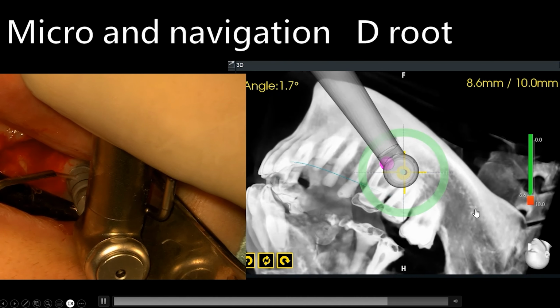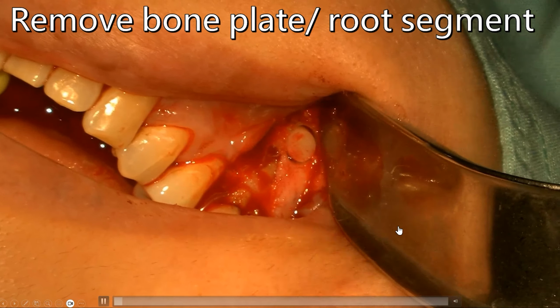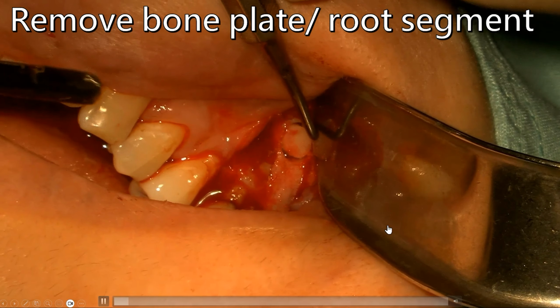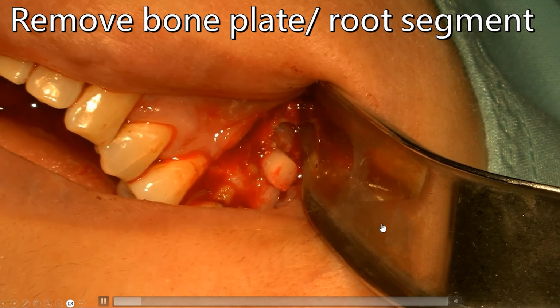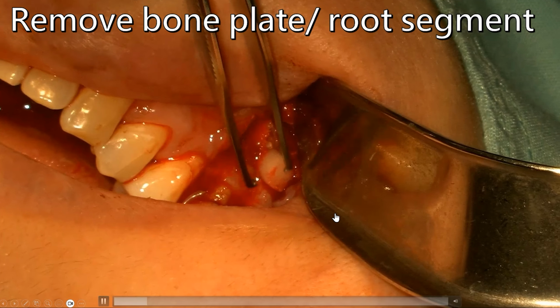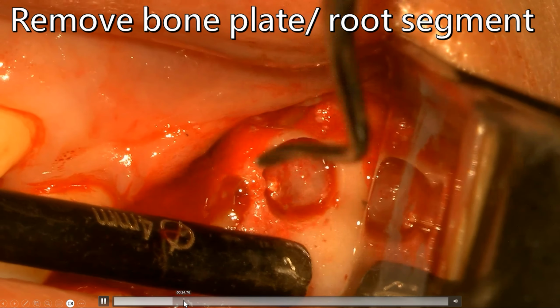We remove the bone plate and remove the root segment simultaneously, in both the mesial and distal root.